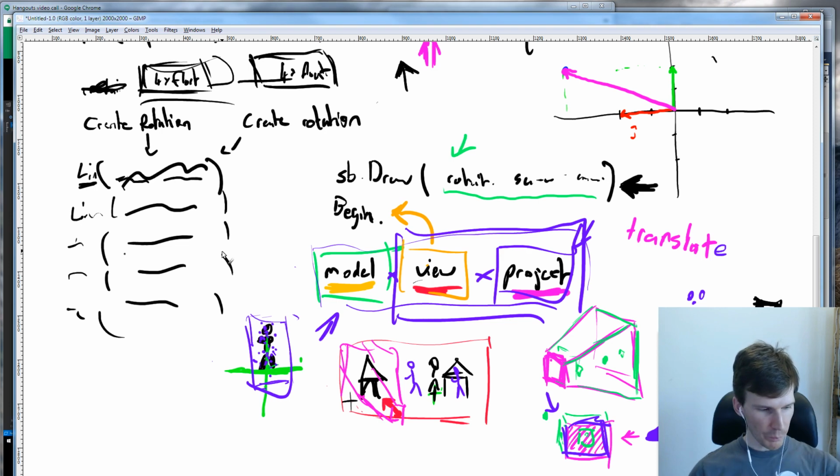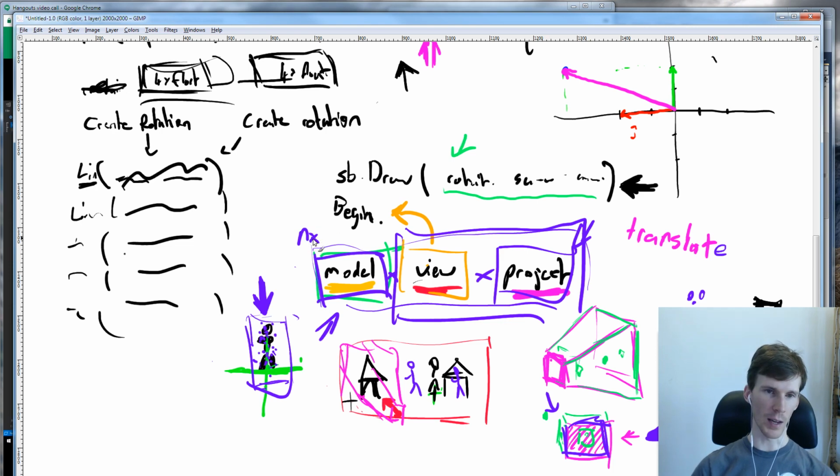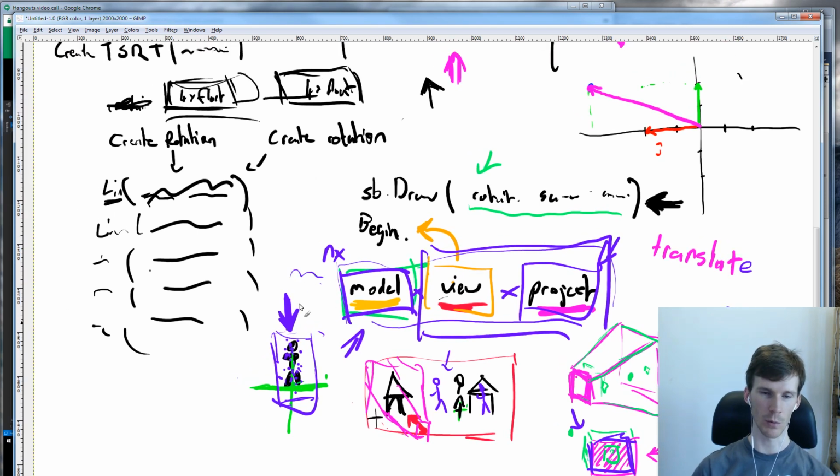You don't just loop and keep drawing the same ogre, you actually pass multiple models in. Yeah, you pass in a single vertex cloud, I don't want to say a model, made up of vertices, and then n times these matrices. It depends what you want to change about the instances. Maybe you want to change the color, so you have some more stuff that goes in as well. But that's how it works in 3D.